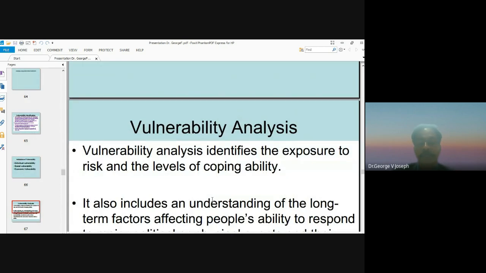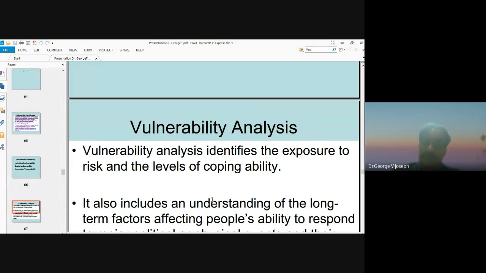So the vulnerability analysis identifies the exposure to risk and the level of coping ability. Both aspects, exposure plus coping capability: if the people have better capabilities, better resources, better networks, better services, even if there is a risk, the vulnerability may not be too high.